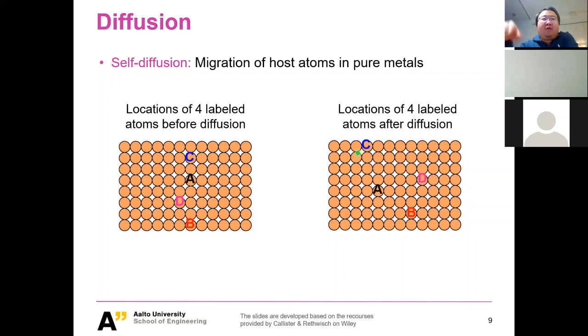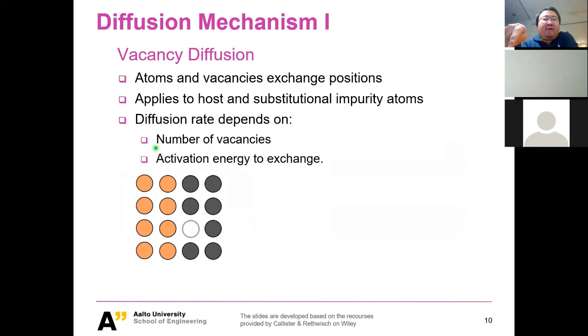Now you would probably wonder, for both interdiffusion and self-diffusion in solids, how could this atom C, initially here, swap with another one here? The answer is that diffusion is finally realized by vacancy movement, or vacancy diffusion.